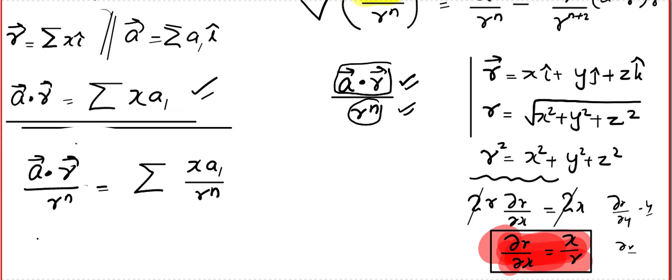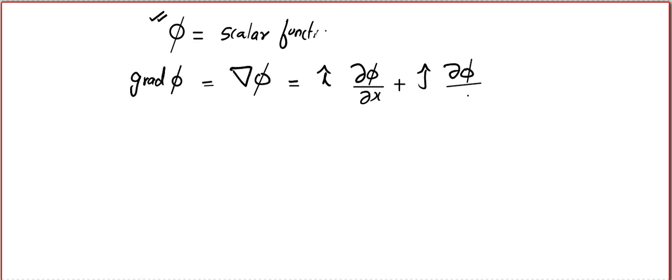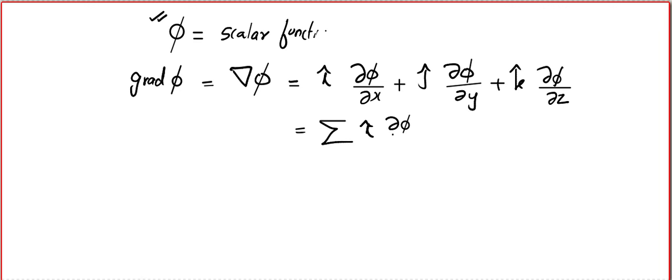Okay, now time to take del. Taking del means we are taking the gradient. Grad phi is also called nabla phi or del phi, and it is given by i partial derivative of phi with respect to x plus j partial derivative of phi with respect to y plus k partial derivative of phi with respect to z, and that will be sigma i dou phi by dou x.